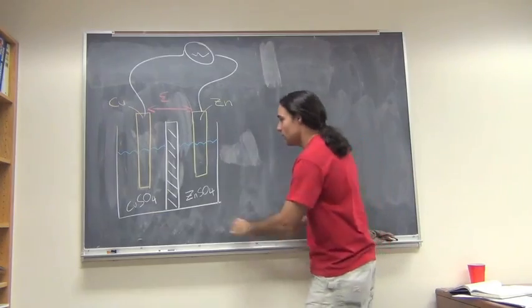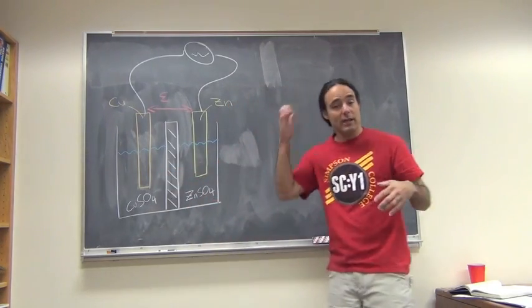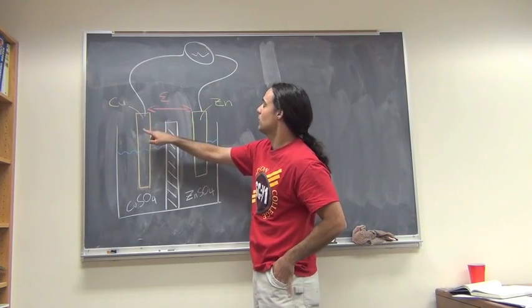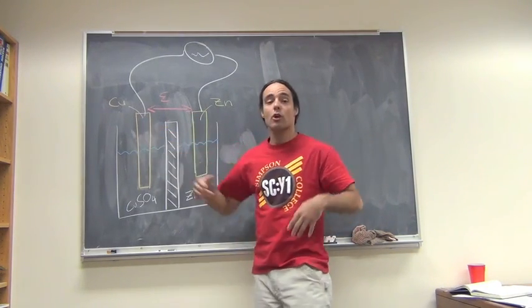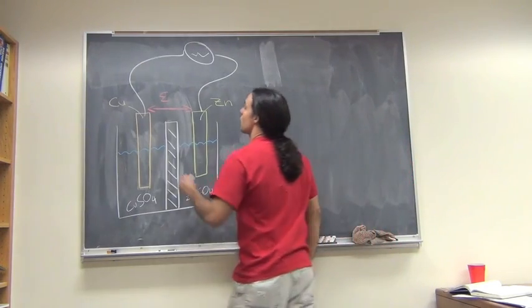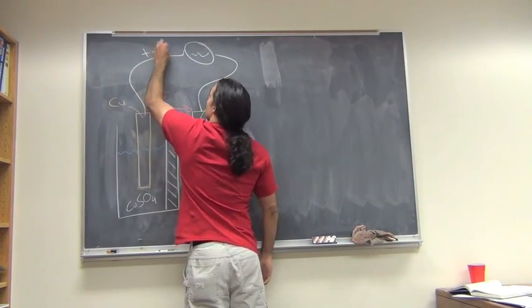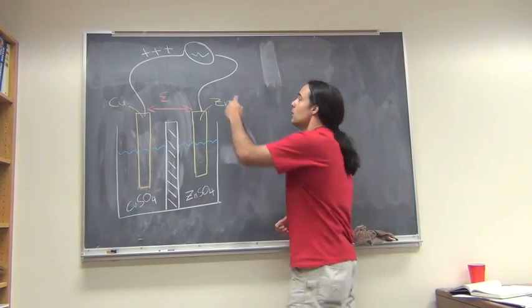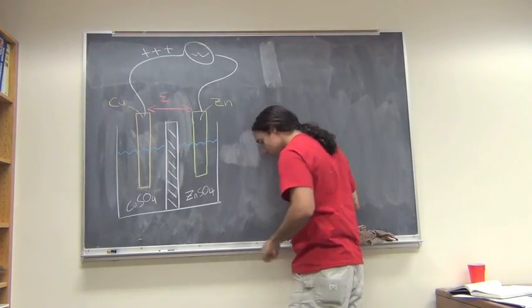Since there's a potential difference, an electrochemical potential difference between these two, that means charge is going to want to flow from one end to the other. So we're going to have charges that are going to be moving down, passing through our light bulb.